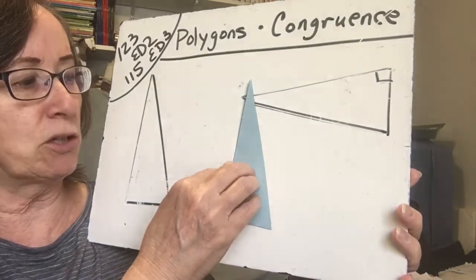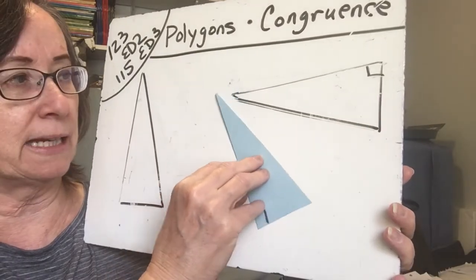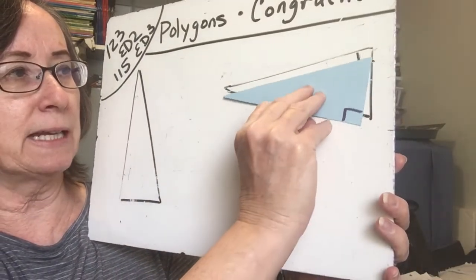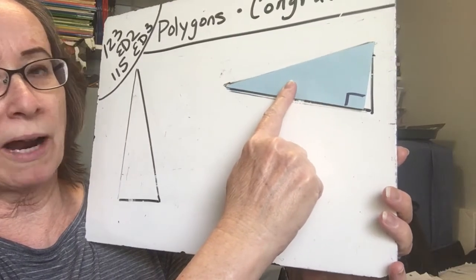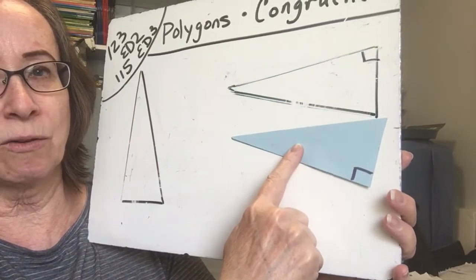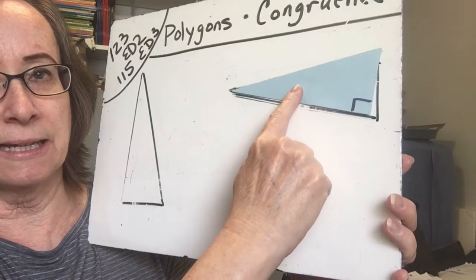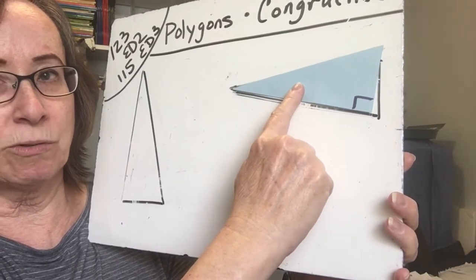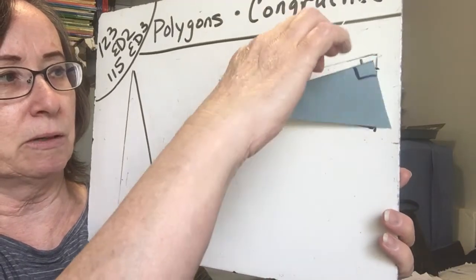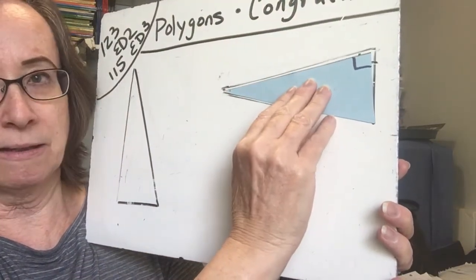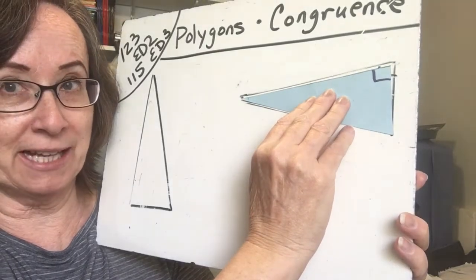So what if we took the triangle and we rotated it? If we rotated it, it would be here, but guess what? The right angle is in the wrong place, isn't it? So even a rotation would not be enough. We are also going to have to flip it, which is a reflection.